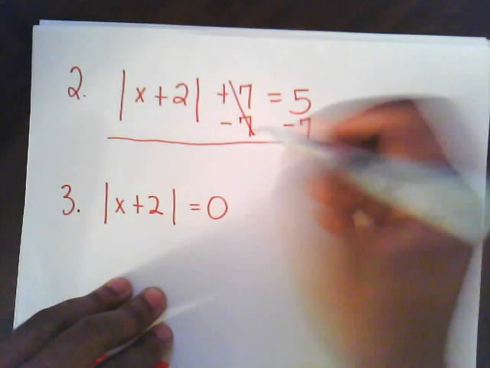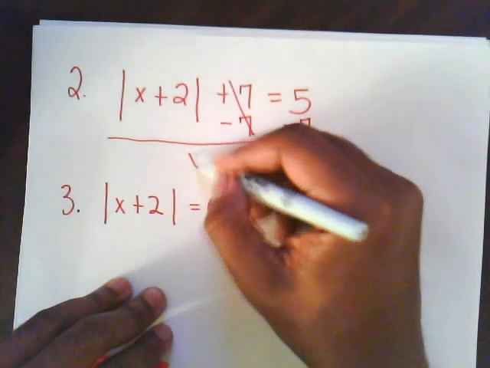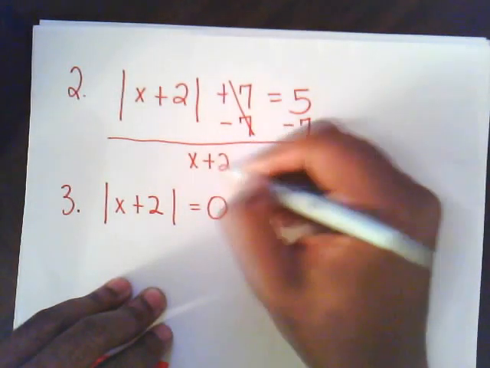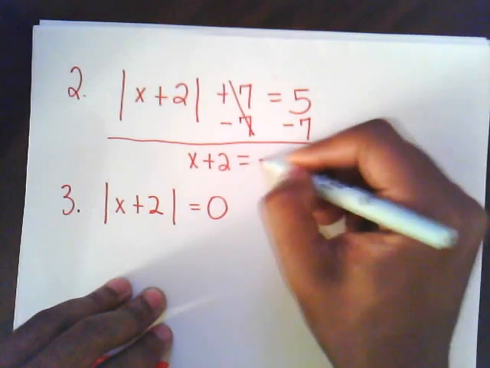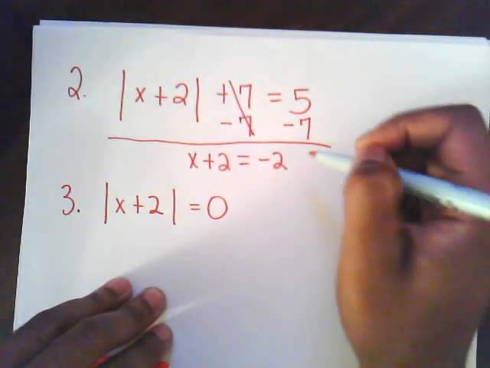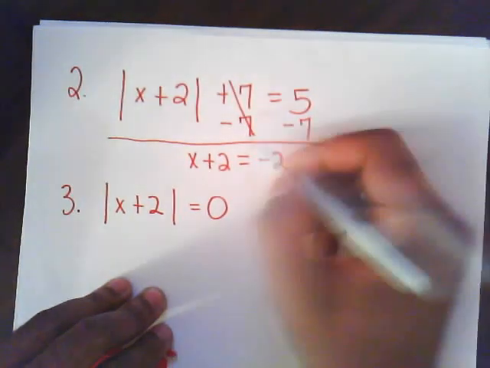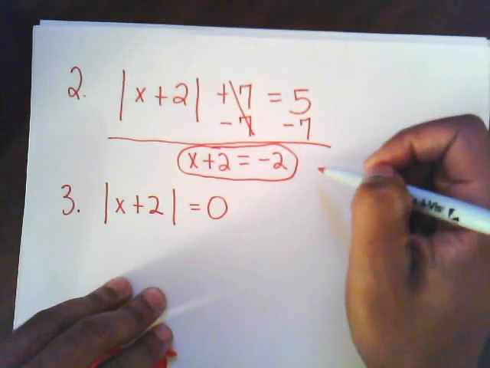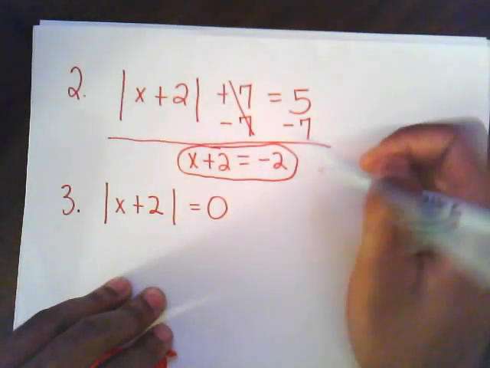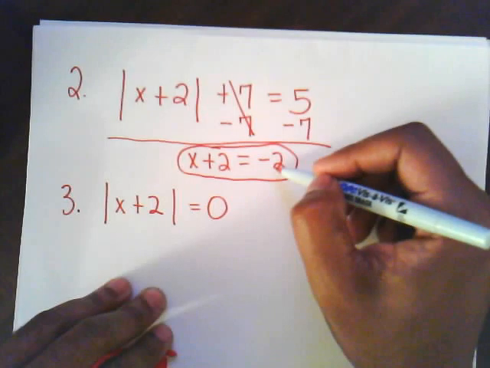Correct, negative 2. So now we have x plus 2 equals negative 2. So we're going to circle the equation, and we're going to look to see what the equation equals. It equals a negative 2.